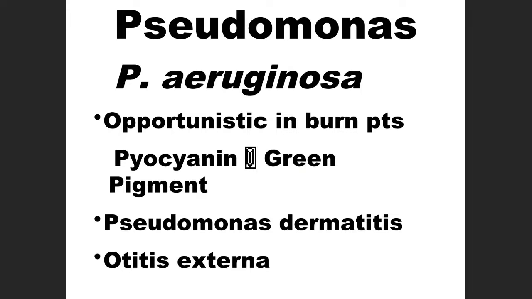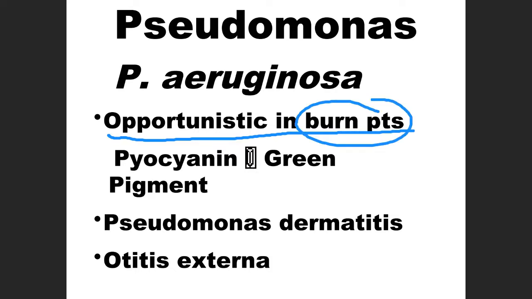Let's talk a little bit about Pseudomonas aeruginosa. Pseudomonas aeruginosa is one of these bacteria that, if you remember from your list of bacteria, is an opportunistic infection in certain patients: burn patients, but also people with cystic fibrosis, because people with cystic fibrosis produce a lot of mucus, and the bacteria loves mucus.